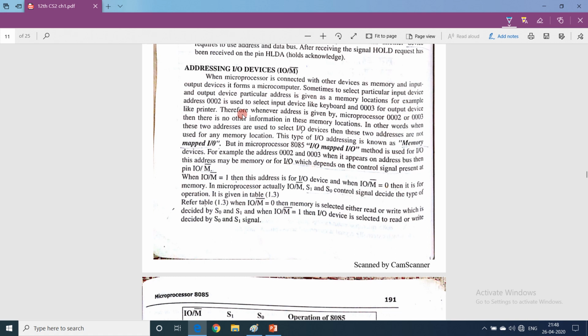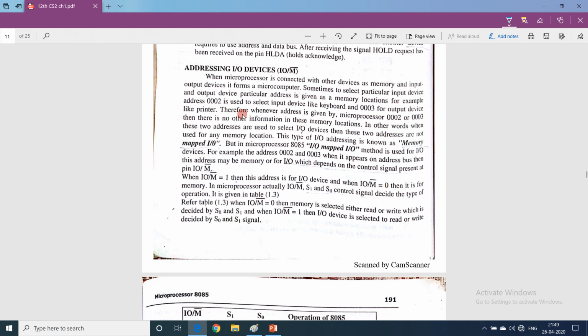They will be used for only one purpose, to address a particular input device or a particular output device. That memory location cannot be used to store any data. This system of addressing input output devices is known as memory mapped IO.